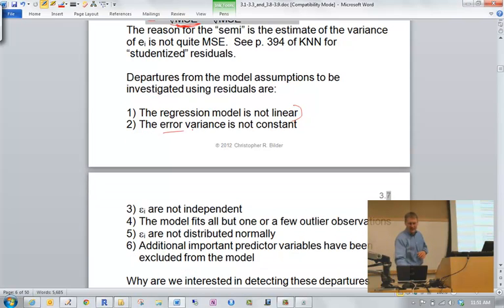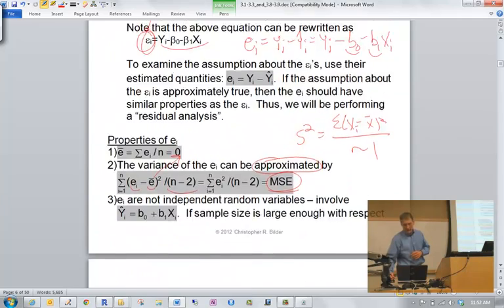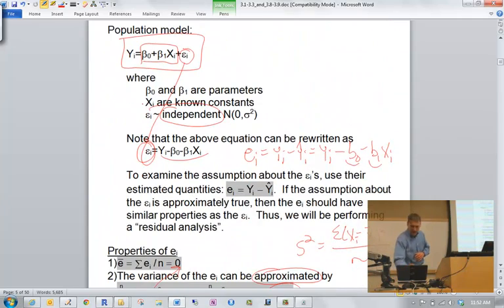The error variance is not constant. Something I should emphasize earlier: notice epsilon sub i. Each of the epsilons has exactly the same variance. So if instead, let's say, I had a subscript i on that sigma squared, that would allow me to have different variances for each of the epsilons.